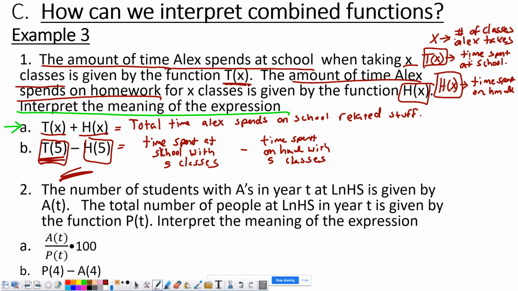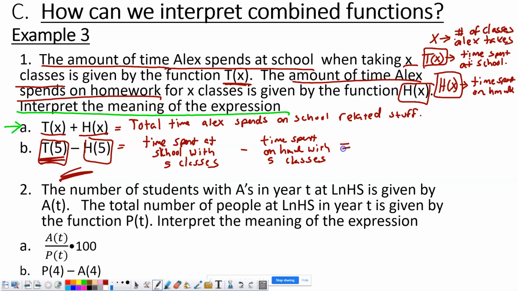Let's just say, for instance, that you're taking 5 classes, and because you're taking 5 classes, maybe you spend 5 hours at school. But then you go home and you do your homework for those 5 classes, and it takes you 3 hours. So 5 hours at school minus 3 hours of homework, what does that tell you? What does this 2 mean? Well, that's how much more time you're spending at school than you are on homework, okay? So really weird stuff, but I just want you to start to think about what these symbols represent.